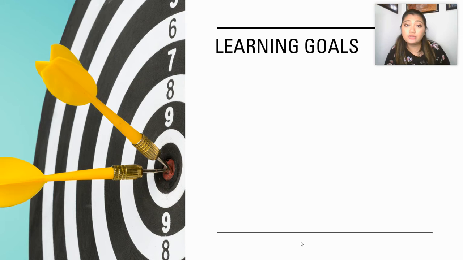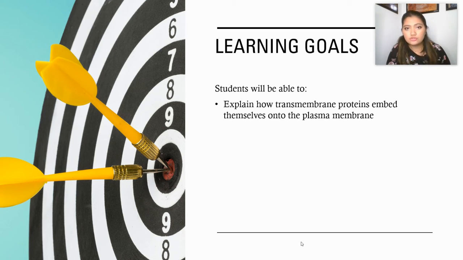We have a couple of learning goals that we'd like to achieve by the end of this lecture. Let's take a look at them so they will guide us as we go through our information. You should be able to explain how transmembrane proteins embed themselves onto the plasma membrane.